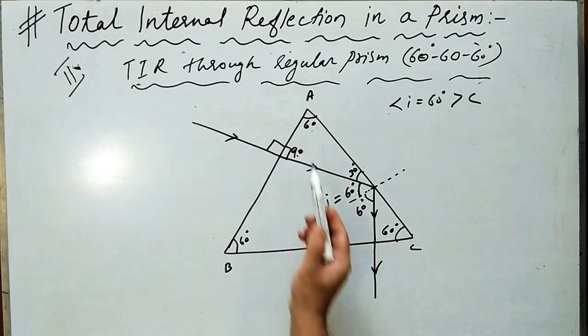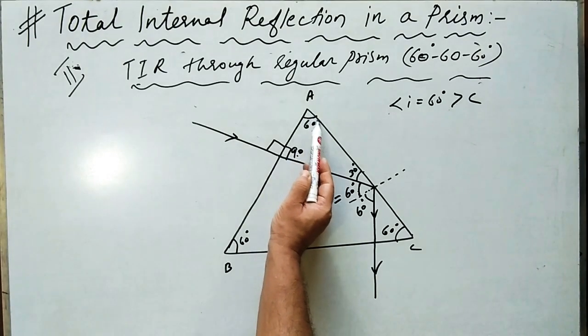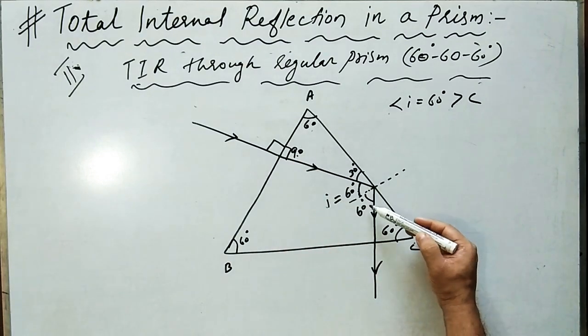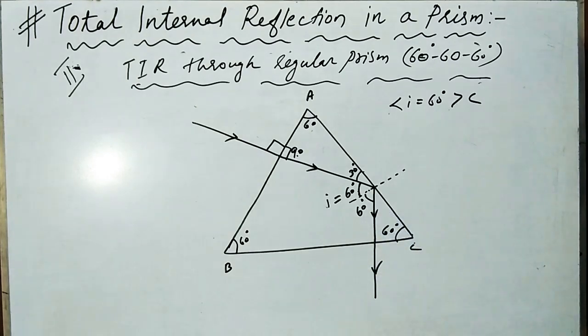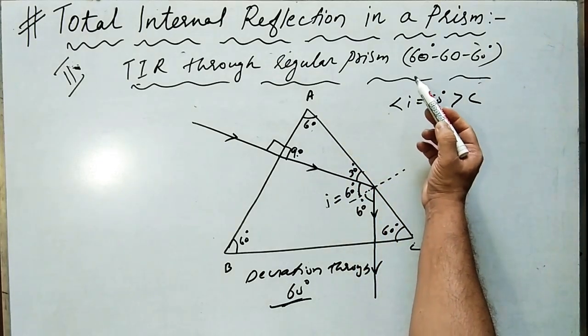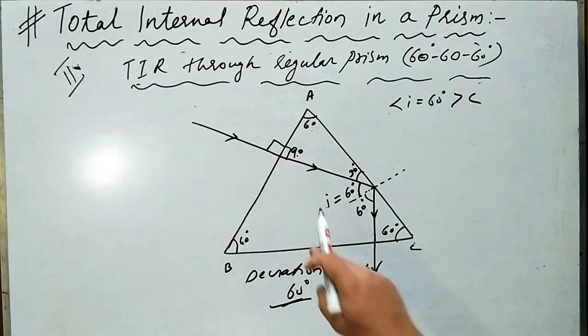You can see the light ray suffers TIR at the surface AC, and it is turned through an angle of 60 degrees. So a regular prism turns or deviates a ray of light through 60 degrees. Alright, so this is the action of a regular prism or equilateral glass prism. The ray diagram is important.